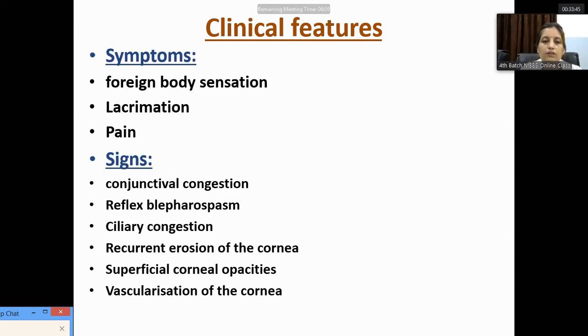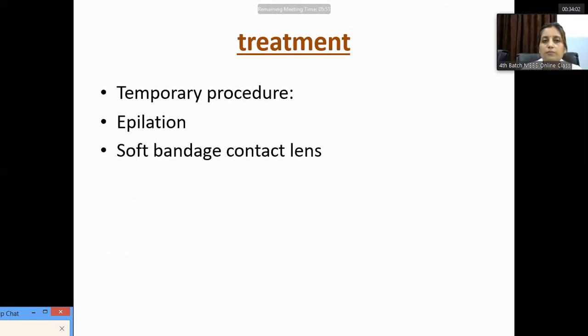Superficial corneal opacities can be there due to chronic irritation, and vascularization of the cornea. So different clinical presentations can be there. Most of the time a patient complains of foreign body sensation. The temporary treatment is epilation and a soft bandage contact lens.